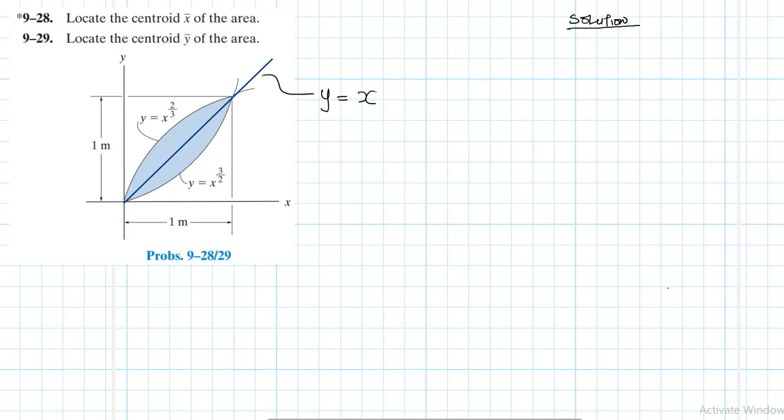All right. So let's dive into the work. So what do we do here? We have been asked to find the centroid x bar and y bar. So as usual, we need to cut a small strip. So let's cut a small strip. We start with this.